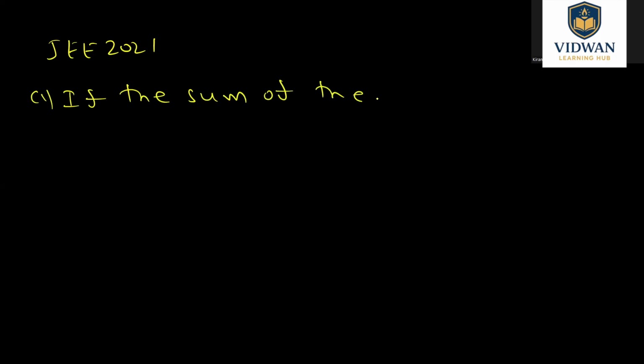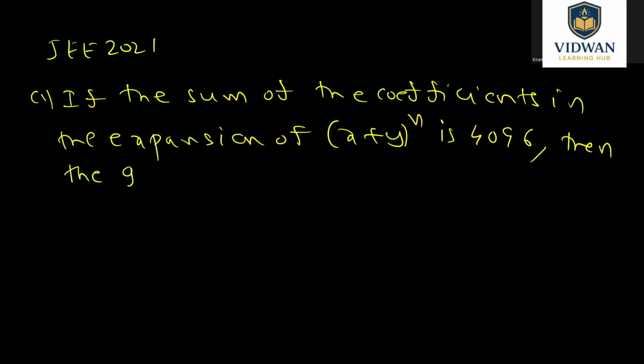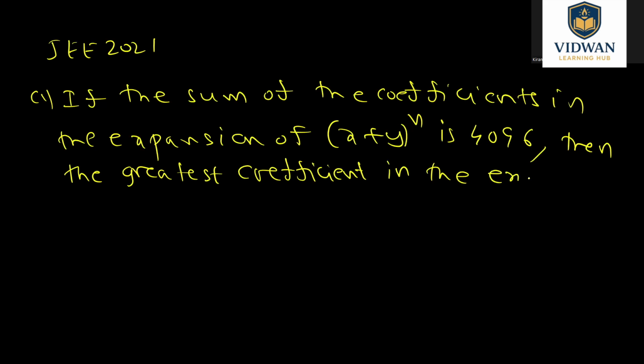If the sum of the coefficients in the expansion of (x plus y) whole power n is 4096, then the greatest coefficient in the expansion is. So this was given as a numerical answer type in JEE 2021.